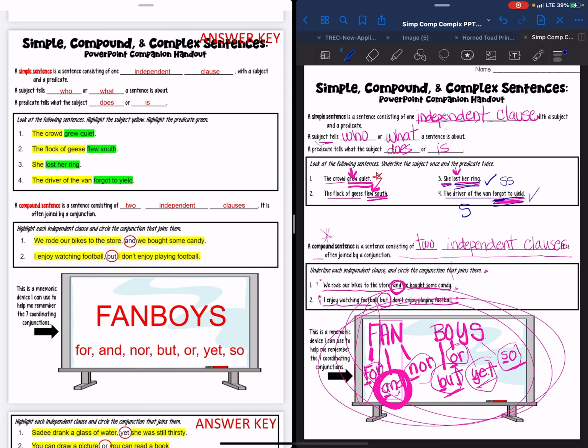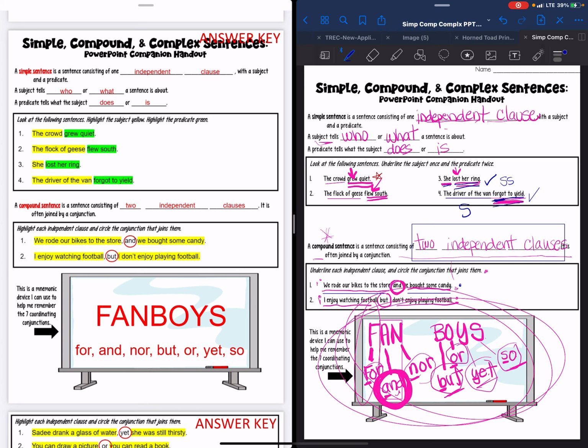All right. So we said a compound sentence is a sentence consisting of two independent clauses. So it would be two sentences like this put together. We rode our bikes to the store and we bought some candy. So we rode our bikes to the store. That is a simple sentence. And then we bought some candy. That is a simple sentence.